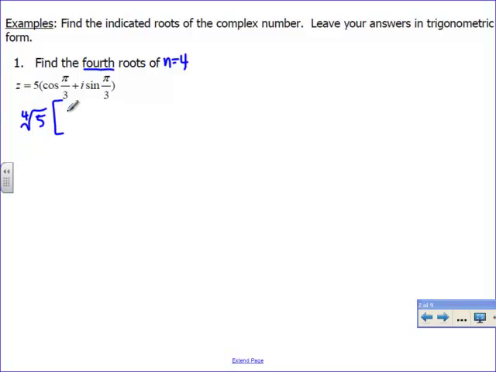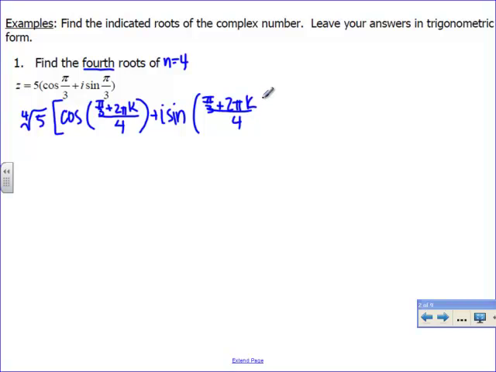Then I'm going to set up my middle part: cosine of pi over 3 plus 2 pi k all over my n, which was 4, plus i sine of the same angle. And that's going to be, for k equals, we start with 0, we need 4th roots, so we're going to go up to 3. 0, 1, 2, and 3.